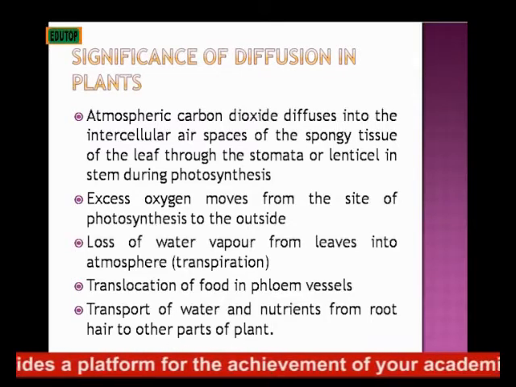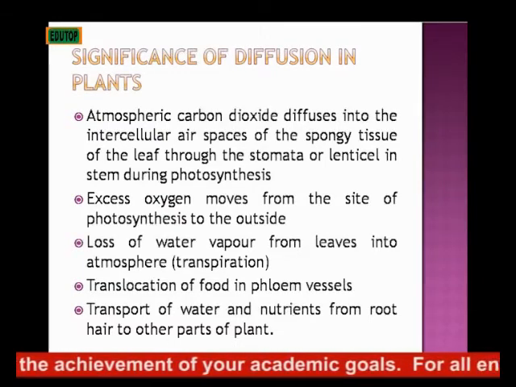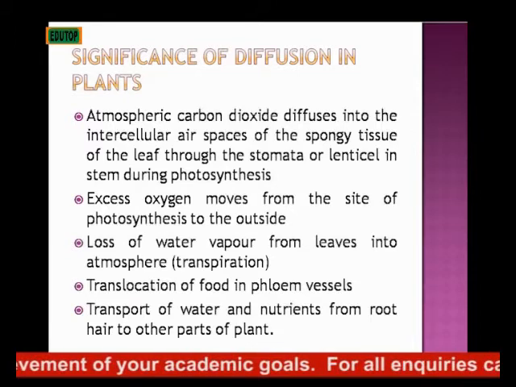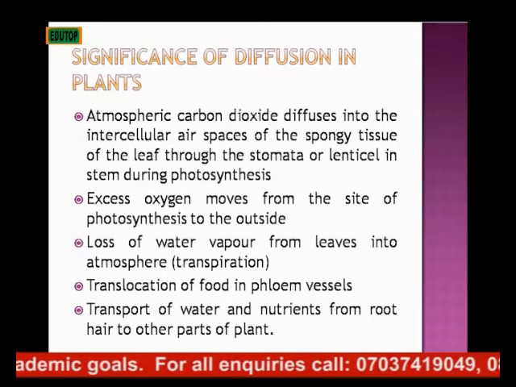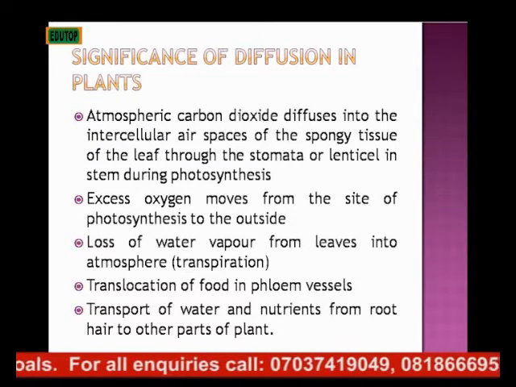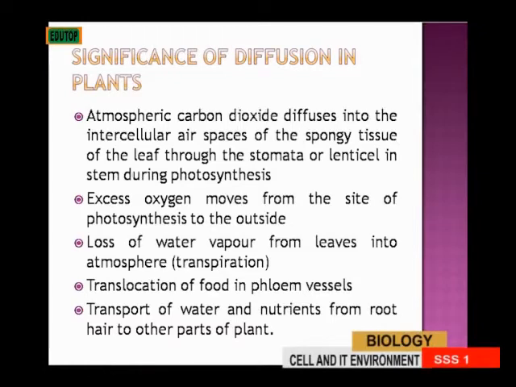So gases are being transported. Carbon dioxide is what the organism takes in for its own metabolic activity. So it enters the plant through the aid of diffusion. CO2 that is useful for the plant enters the plant system.